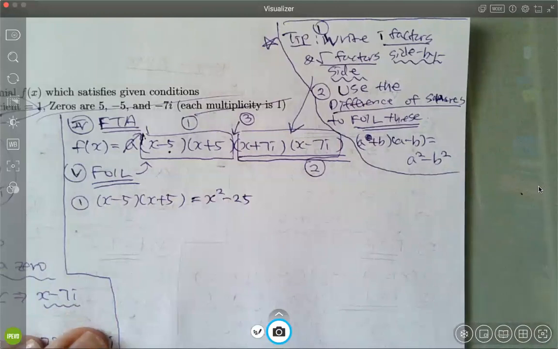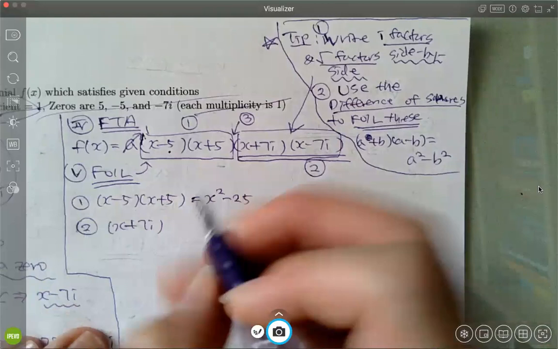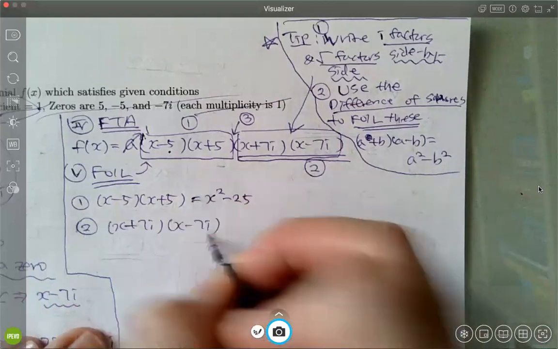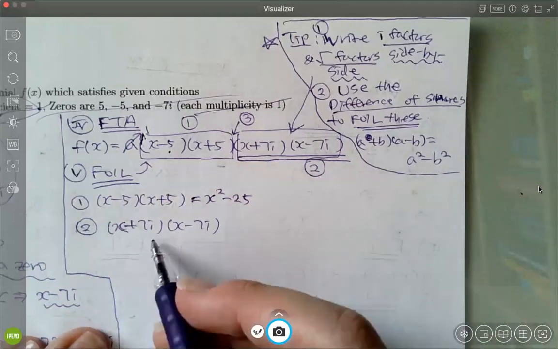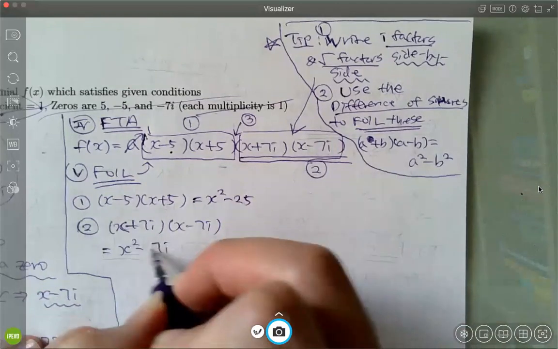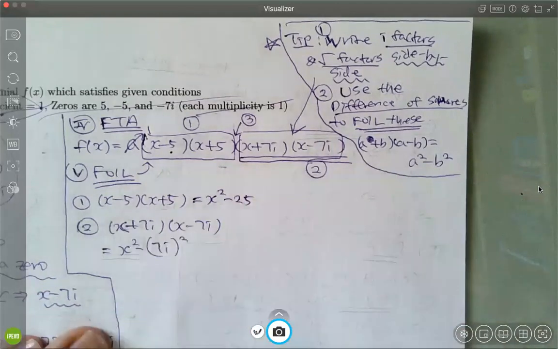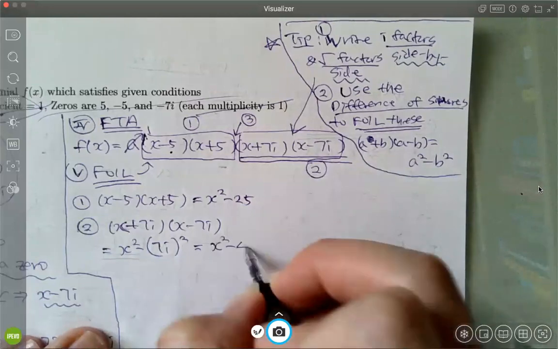Okay, and now, number 2, x plus 7i times x minus 7i. Okay, so now, again, this is a difference of squares, right? So what do you get? X squared minus 7i entire thing squared. Okay, and what is this? So this is x squared minus 49i squared.